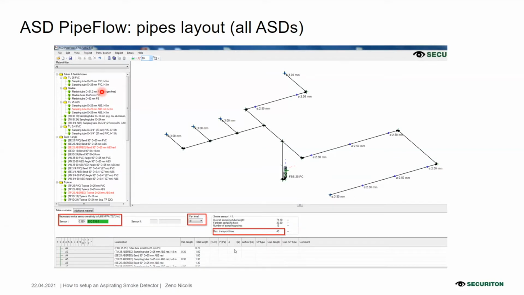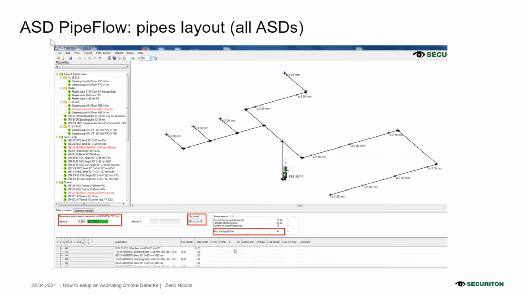To program ASDs, which method do you suggest using, the easy config mode or the ASD configuration software? Whenever possible, I always suggest using the ASD pipe flow configuration software because it is much more practical and allows you to quickly check and modify all the unit's parameters.